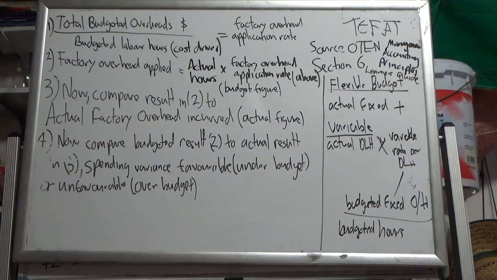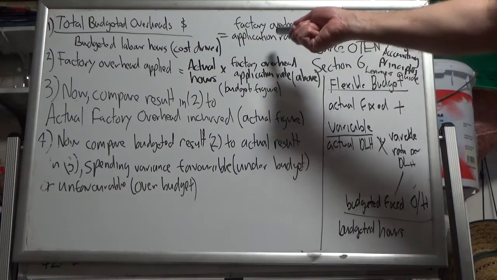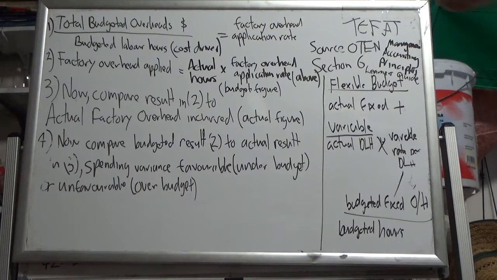Okay. Now I'm going to explain spending variance and capacity variance. Okay. And I wanted to go over this as well, and I'm just going to focus on what's important because there's a lot of info given, as I mentioned. So firstly, we have to get a figure for the factory overhead application rate.